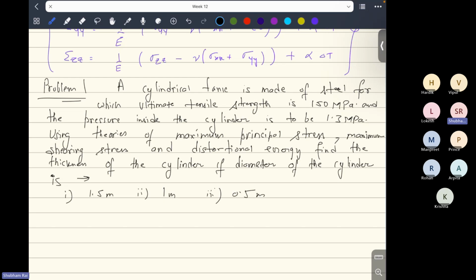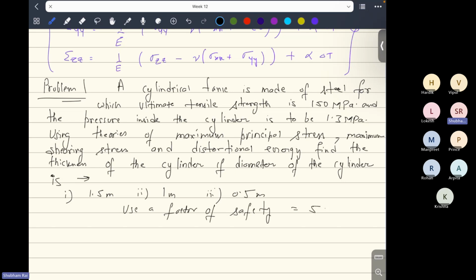So we will consider the cylinder to be a thin cylinder and we'll apply all the formulas of thin cylinders to it. And you also have to use a factor of safety of 5.